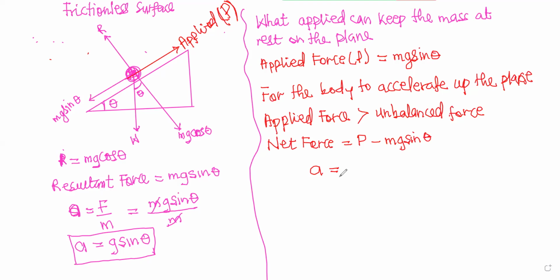After 2 minutes, I'll call some of you to share what you have. If the net force is the applied force P minus the unbalanced force, what will be an equation representing the acceleration of the body up the plane?